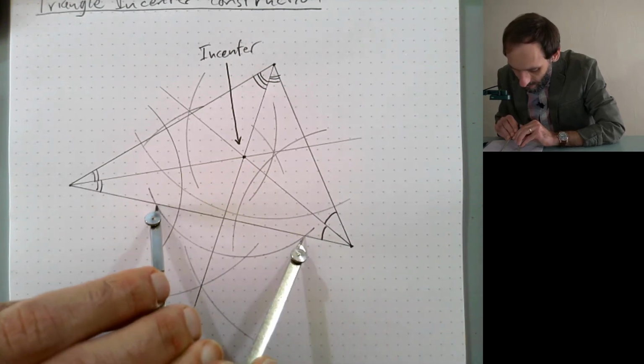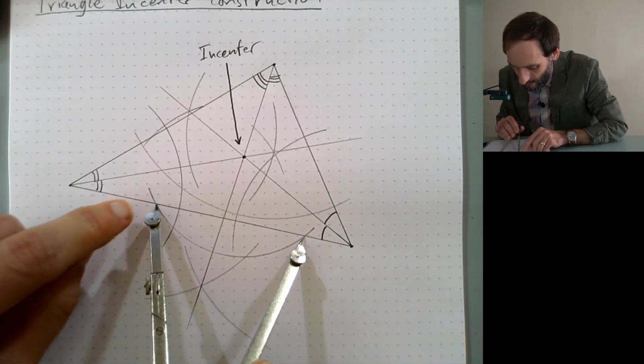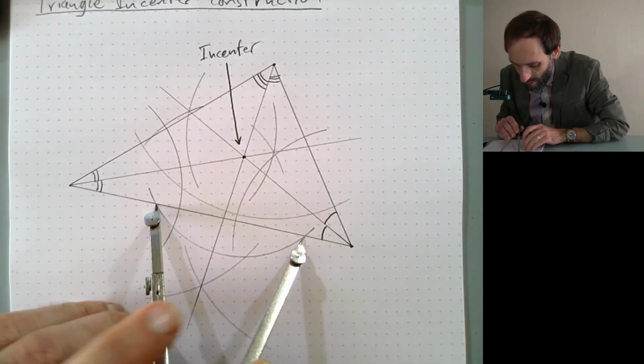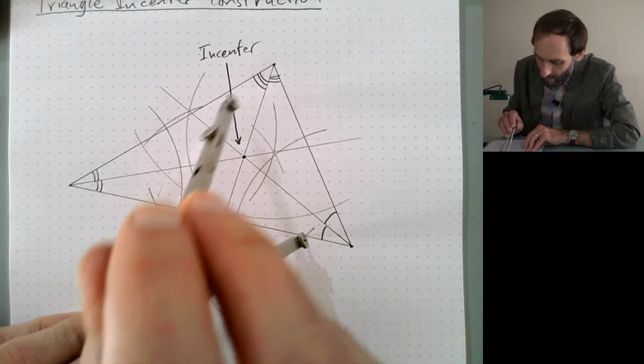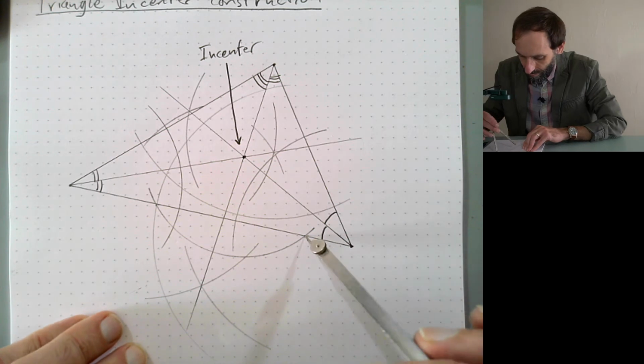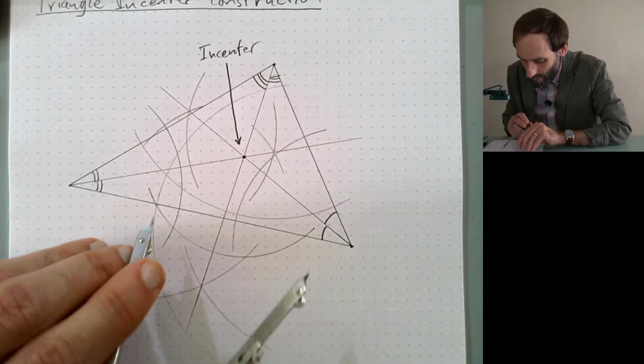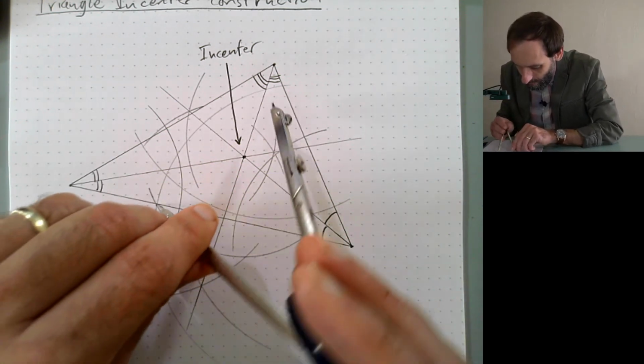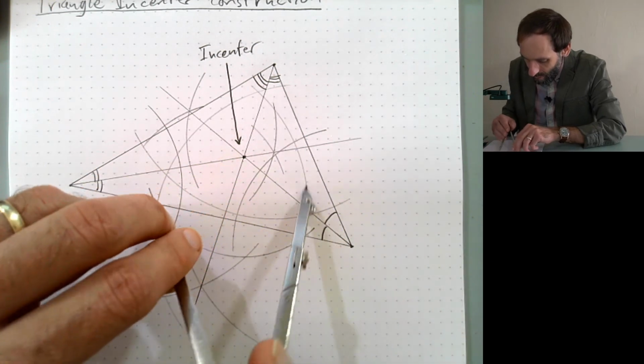I need to construct a perpendicular bisector of the segment connecting those 2 points. So here we go. Go ahead and draw this like so. I'm going to go to the other point here and draw that.